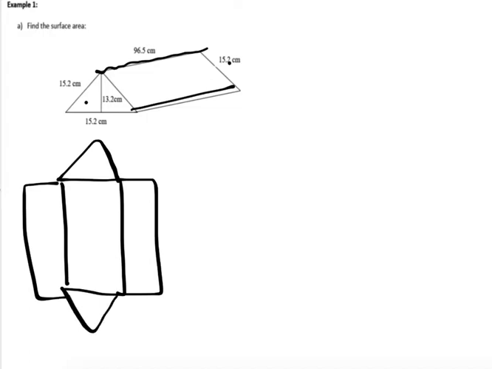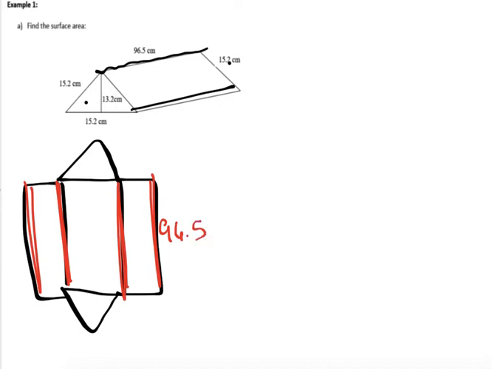When we're doing this, we also want to label our dimensions, because it makes it a lot easier to calculate area when we have the dimensions. This part here in red is all going to be 96.5 centimeters.